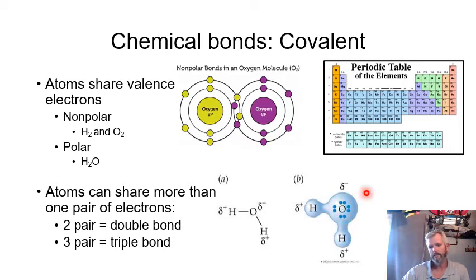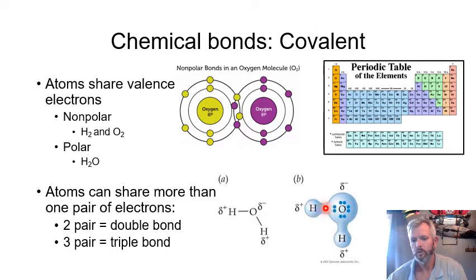Remember oxygen, what does it have? What's its number? 2, 4, 8. It has 8 protons and 8 electrons. Now it's pulling in 2 more electrons, so it has a negative charge to the side because it's not going to share equally with the hydrogen.